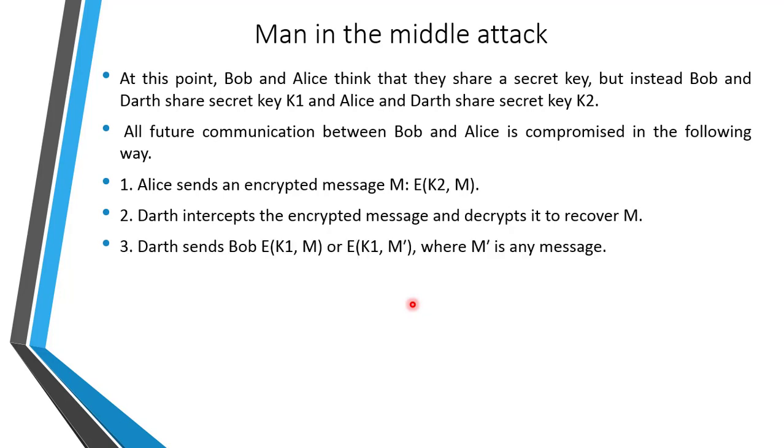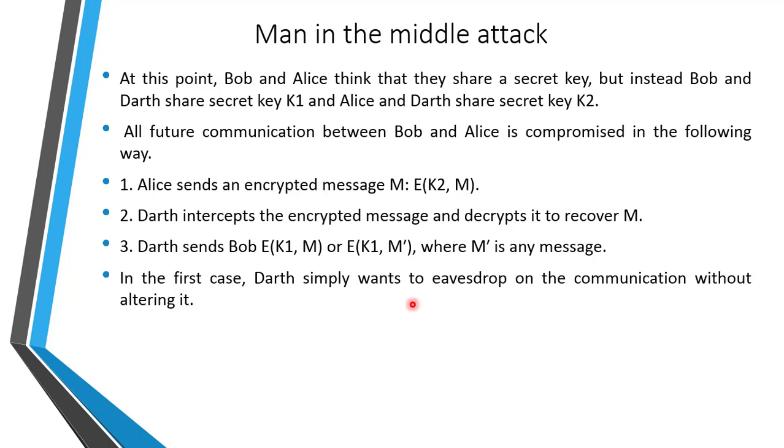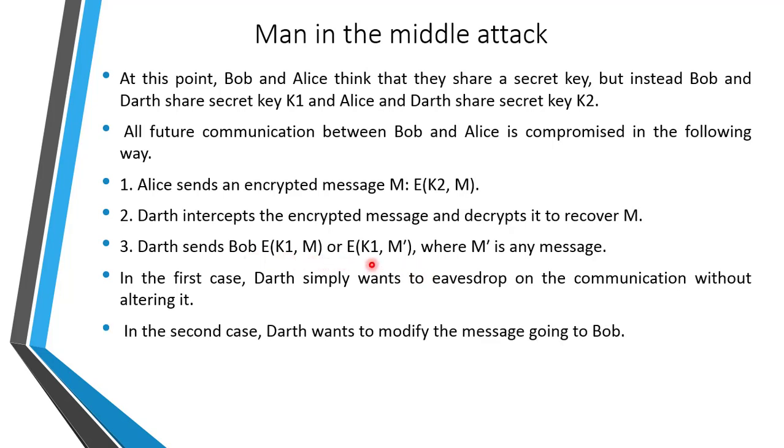Now Darth sends Bob the message using the key K1, or it can modify the message, that is M', using the key K1, where M' is any message. So in the first case, Darth simply wants to eavesdrop on the communication without altering it, and in the second case, Darth wants to modify the message going to Bob.